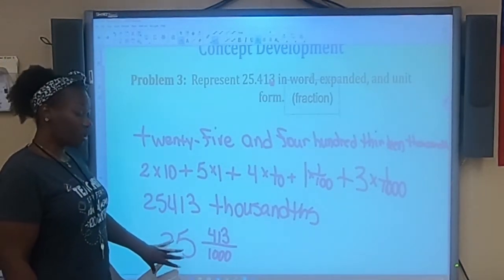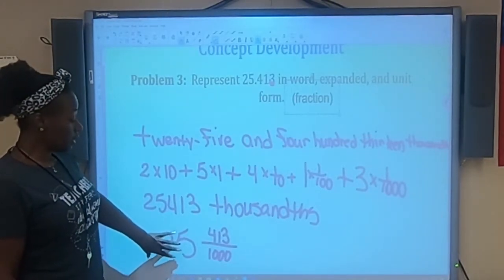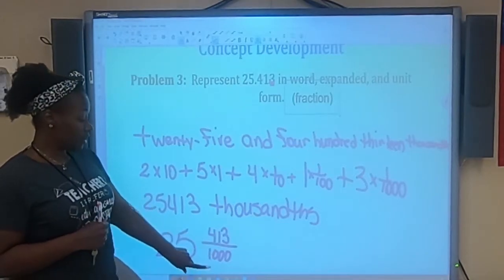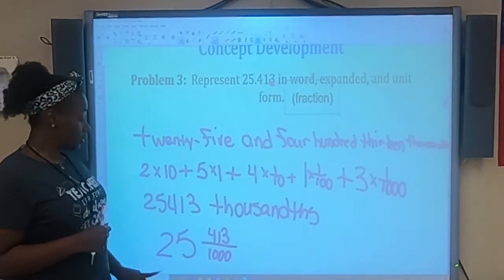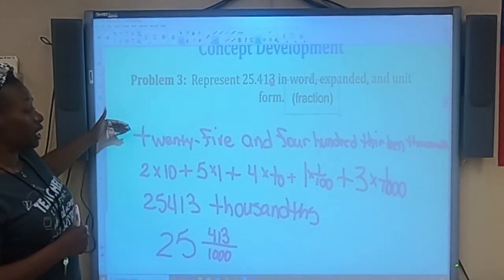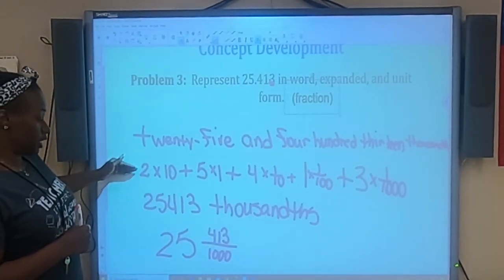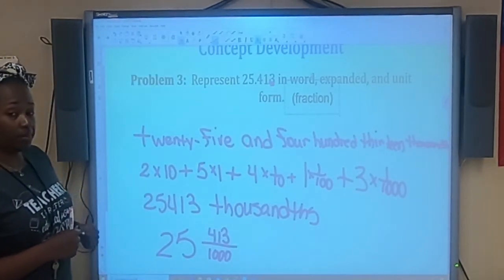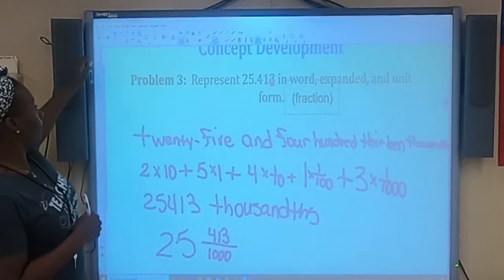So remember, my whole number went in front. Everything behind the decimal was my numerator. The very last place value was my denominator. So here's my mixed number. So we've written this number in word form, expanded form, unit form, and fraction form.